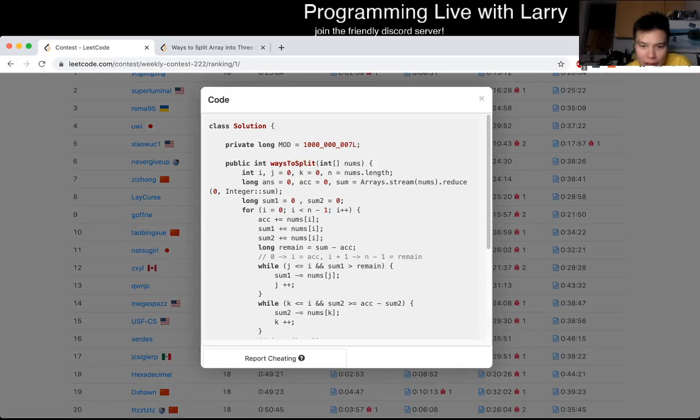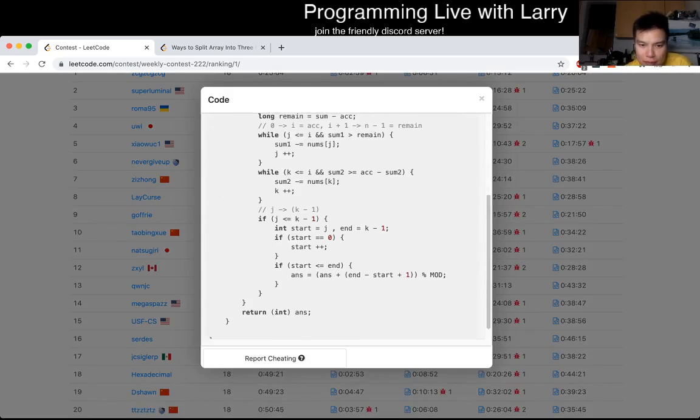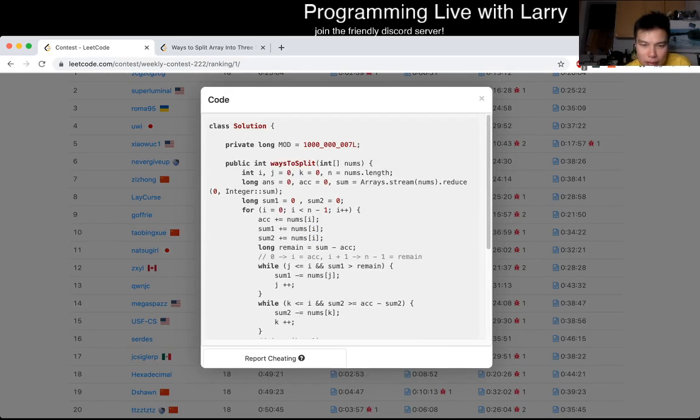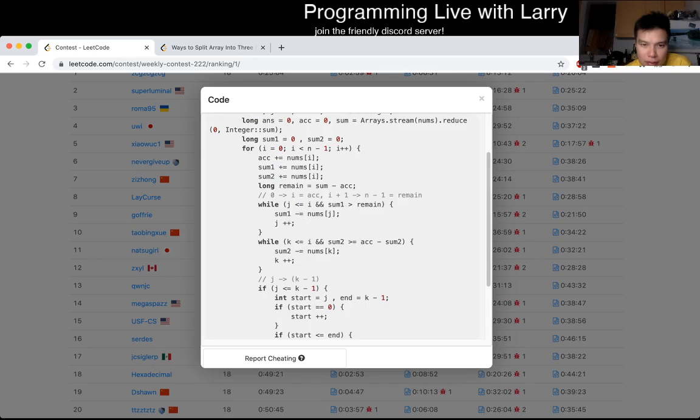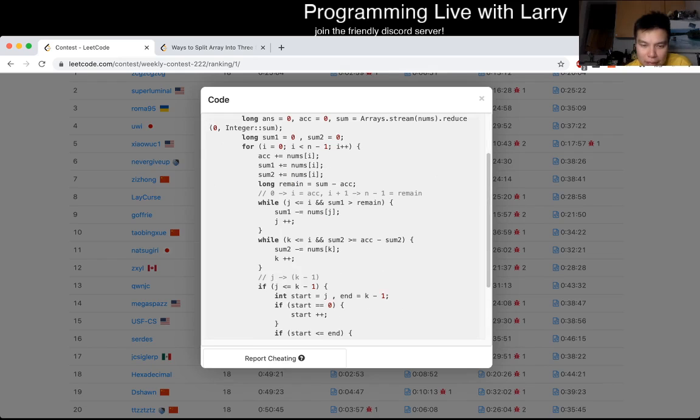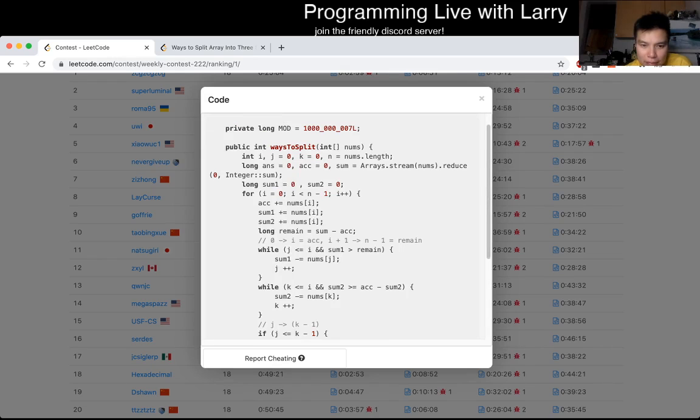This is what I would have loved to do, but I don't. Oh, I didn't know that you could do underscore for constants. What is remain? Remain is some. What is accumulator?